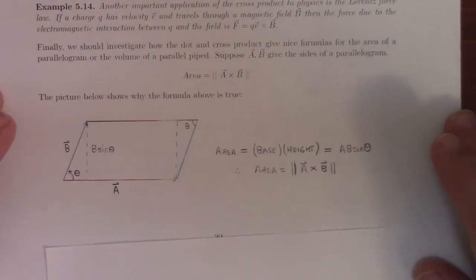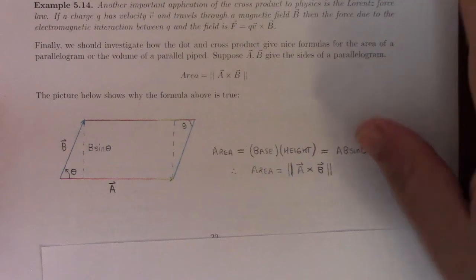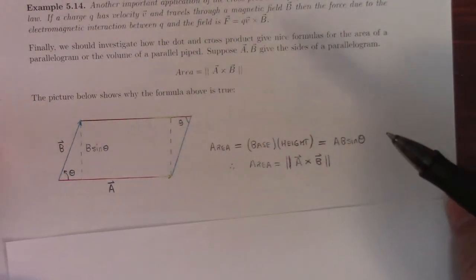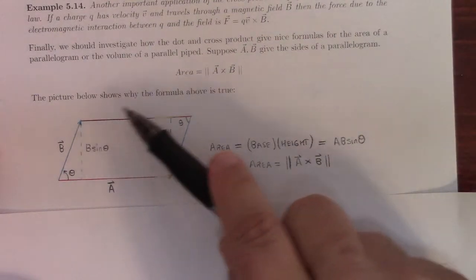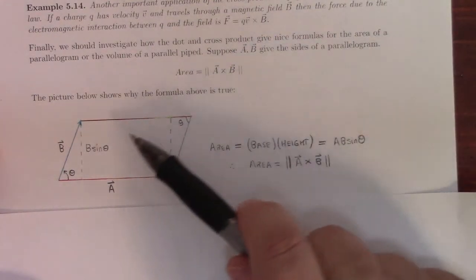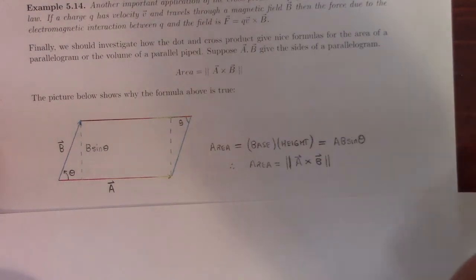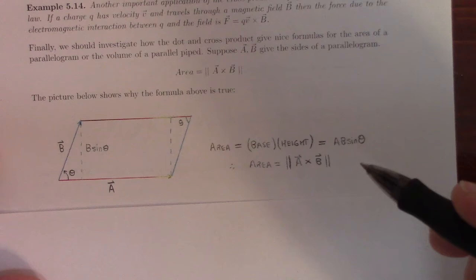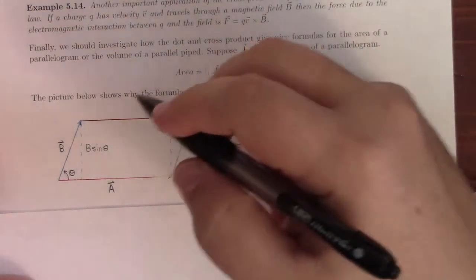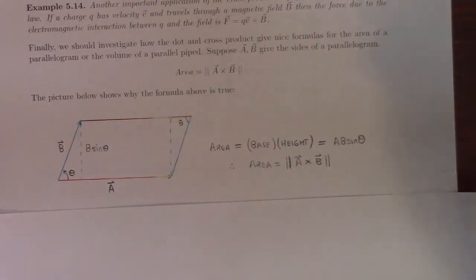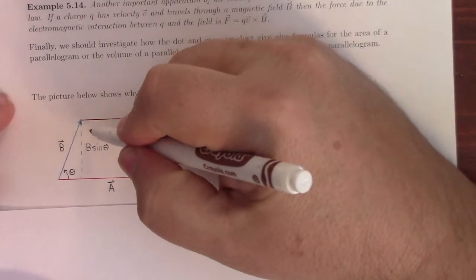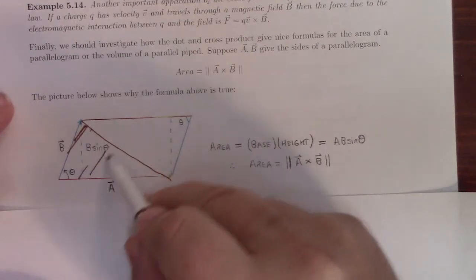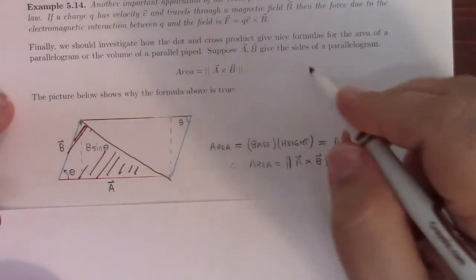And then finally, I mentioned this in class, the magnitude of the cross product is the area of the parallelogram, right? Another thing to think about: what if you just wanted the area of this triangle?